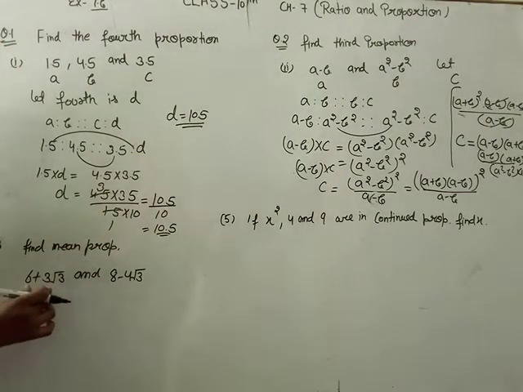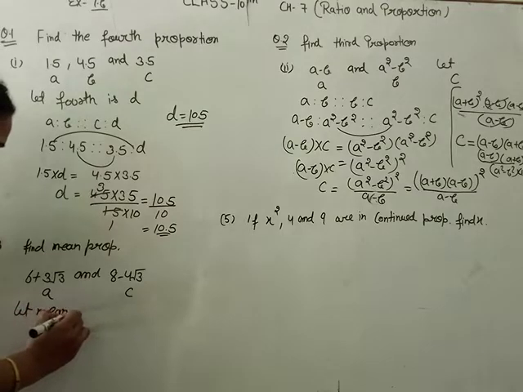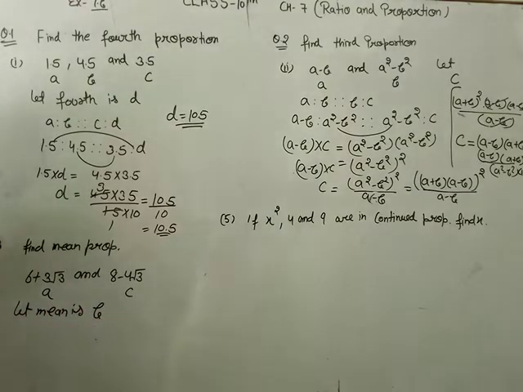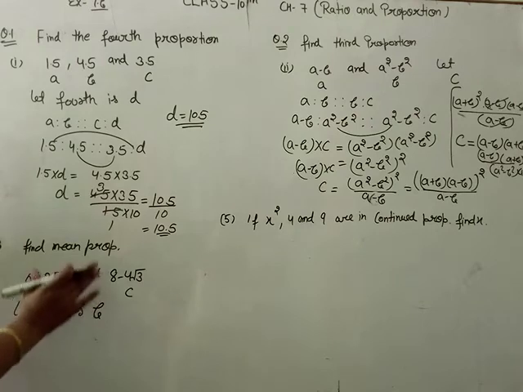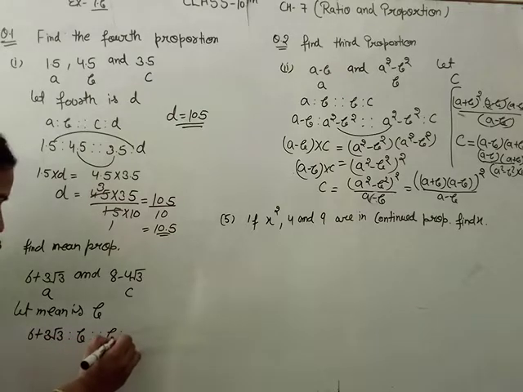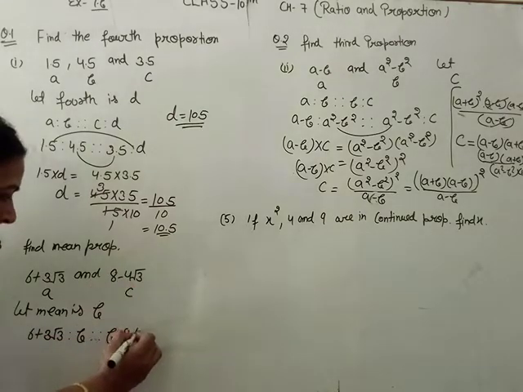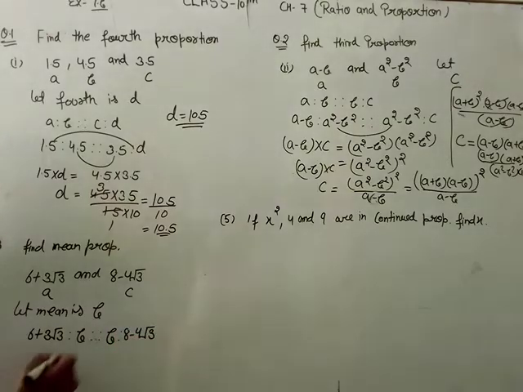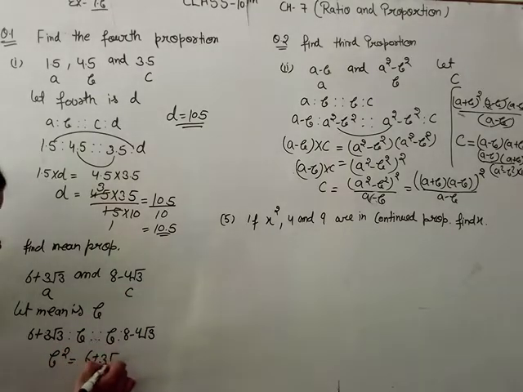Find the mean, that means first and last are given, this equals A and this equals C. Let the mean proportion be B. Okay, then according to continued proportional, first A ratio B proportion B ratio C, in place of C 8 minus 4 root 3.